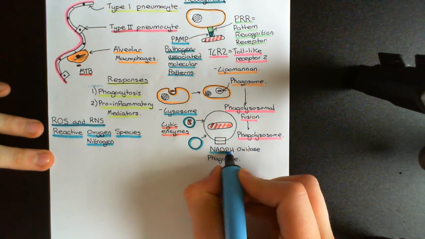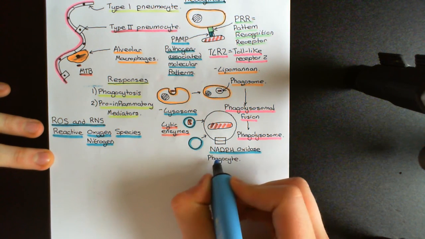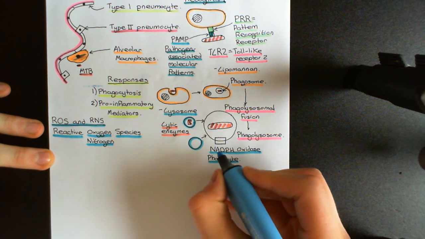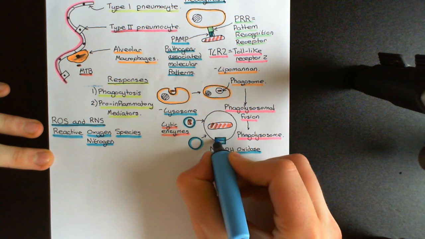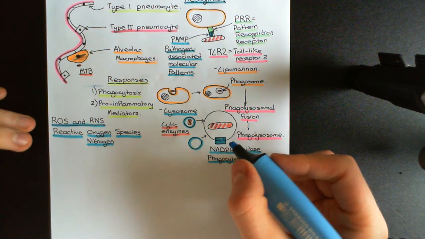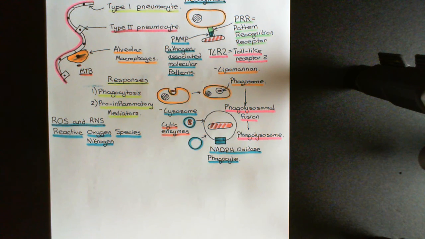Now, this is a multi-protein complex. It's made up of lots of different proteins, and some of the proteins were already in the phagosome membrane, and some of them were in the cytoplasm. The ones that were already in the membrane are just present in the plasma membrane. Because they haven't got the other proteins from the cytoplasm bound to them, they're not actually active.